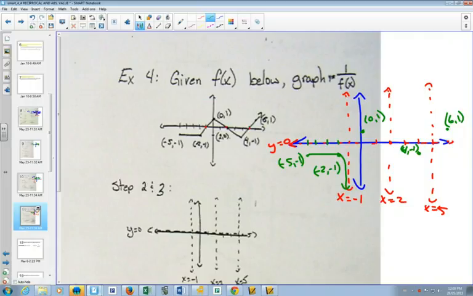Well, if you're wondering, you could take a different point. It looks like here at negative 1.5, I have negative 0.5. Now I'm going to change this negative 0.5 to negative 1/2. What's the reciprocal of negative 1/2? Negative 2, which would show up as going down.